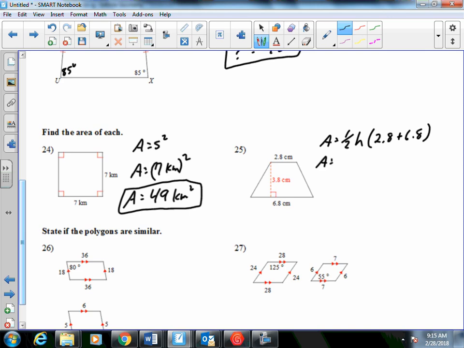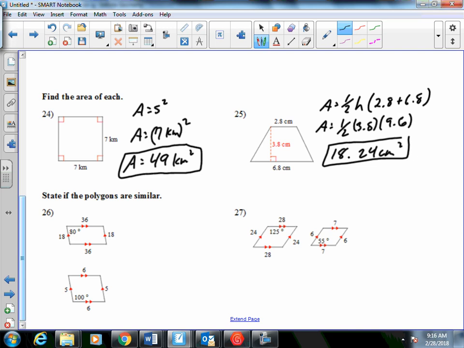So area equals 1/2 of 3.8 times 9.6. So 8 times... 18.24 square centimeters.